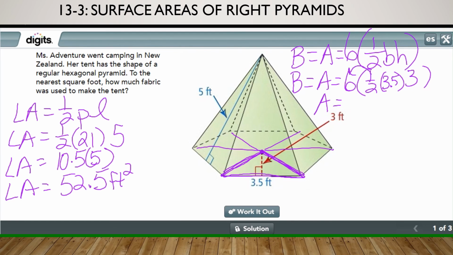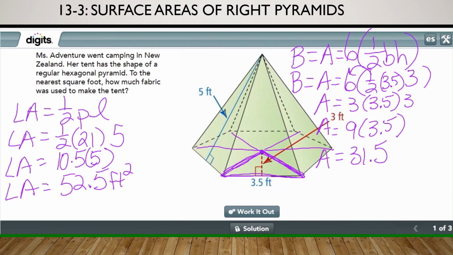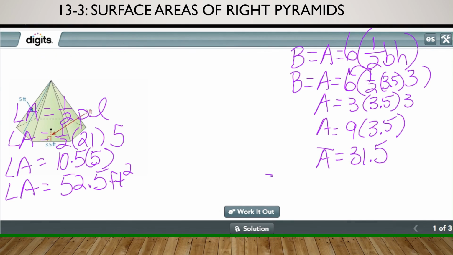Now you multiply everything. You could get half of 6, which is 3. And then we're going to multiply everything else. You could do 3 times 3, which is 9. And then multiply that by 3 5/10. And we find out the area of the base is 31 5/10. Now we're going to tie all of that together and find the surface area.